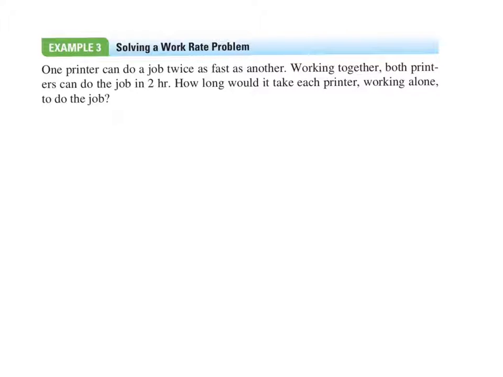Alright, this example says one printer can do a job twice as fast as another. Working together, both printers can do the job in 2 hours. How long would it take each printer working alone to do the job? Alright, we know the amount of work being done is equal to rate times time. It's working on one job, right?